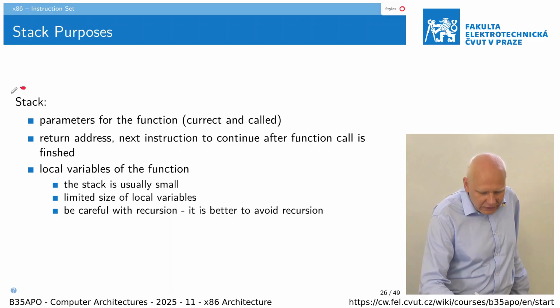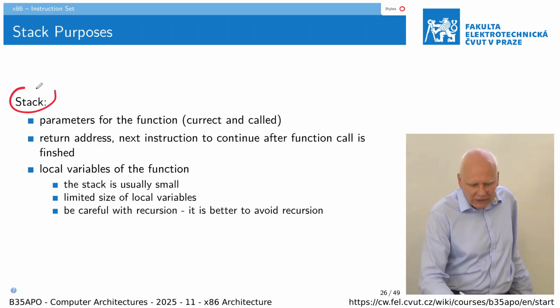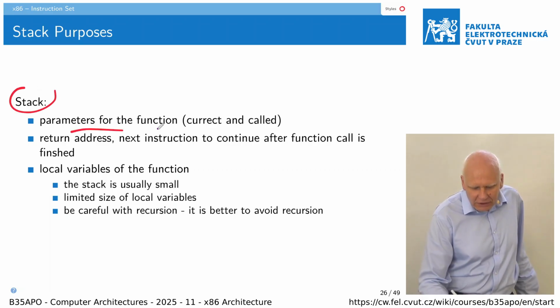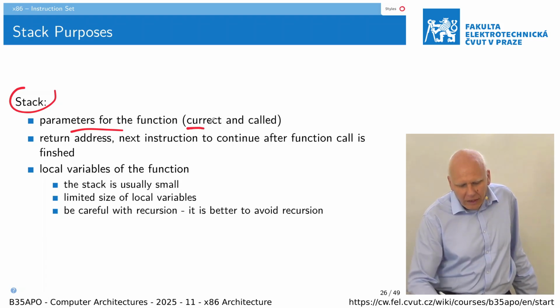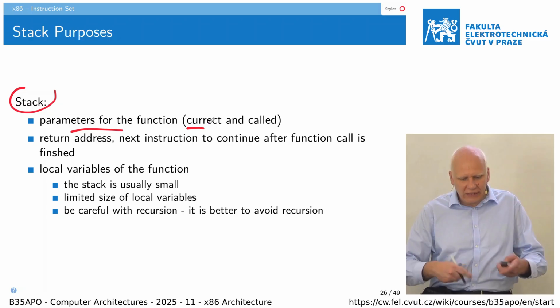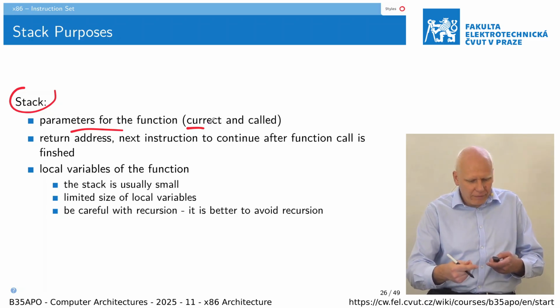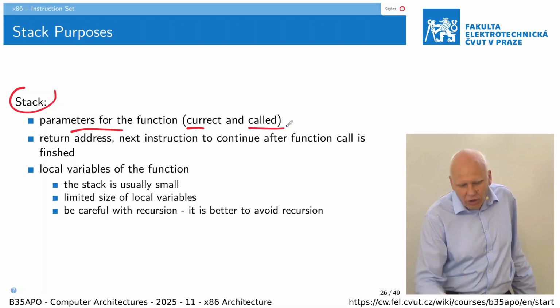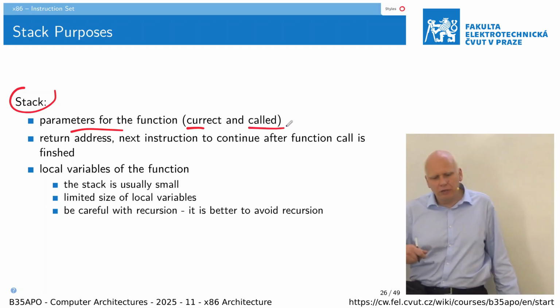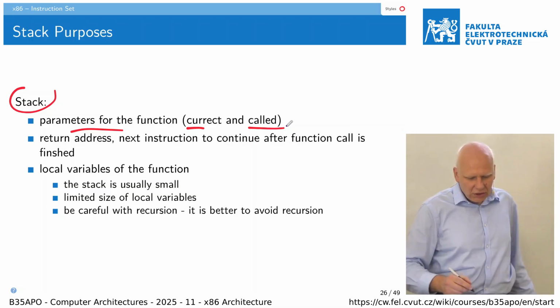So the stack has multiple purposes. It stores the parameters for the current function, which takes the caller's arguments from the stack, or it allows preparing the arguments for another call inside the function.